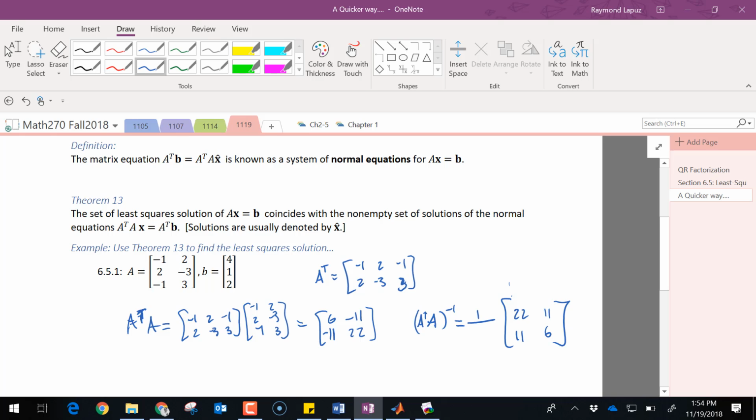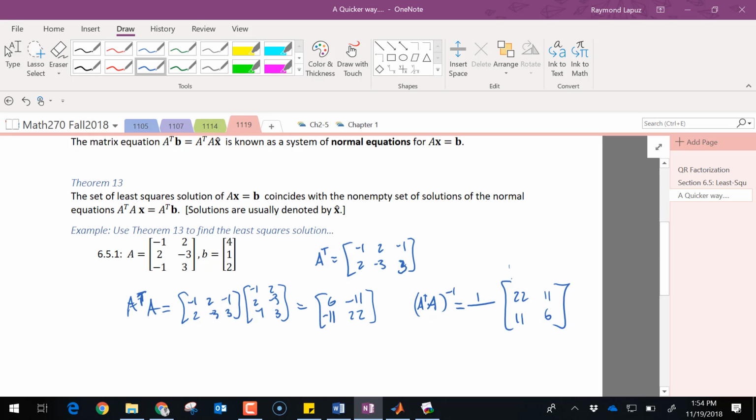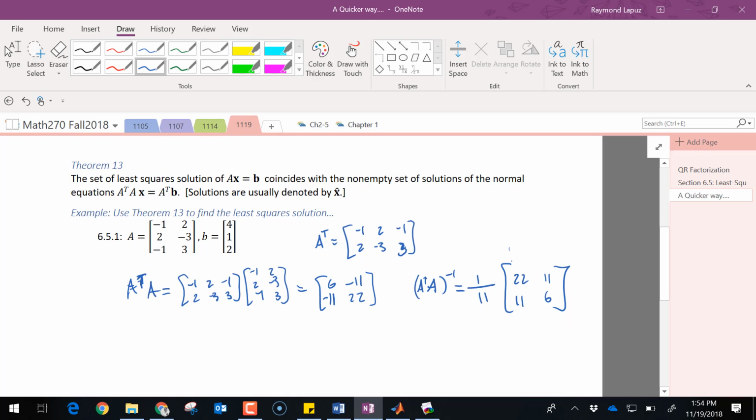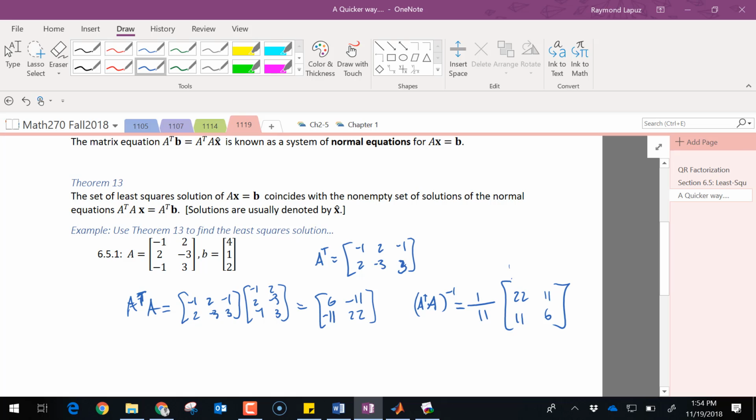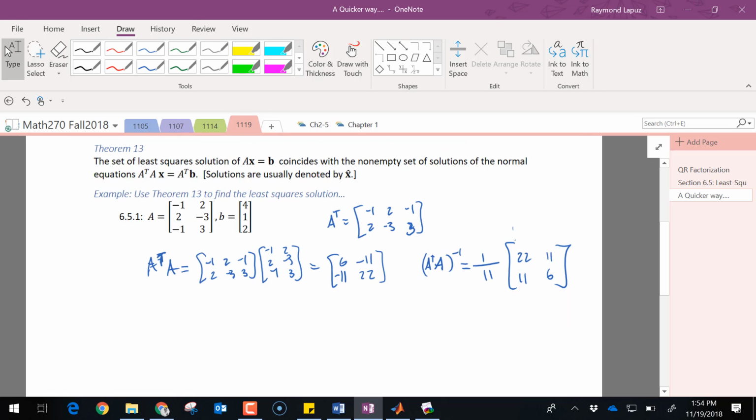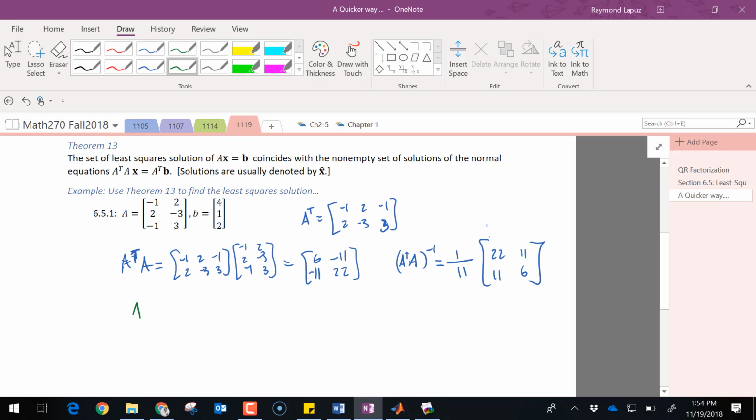So what's the determinant? 6 times 22, 132 minus 121, 11? So it's 1 over 11.